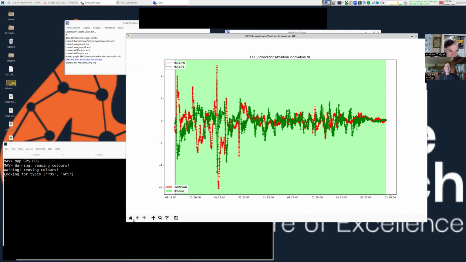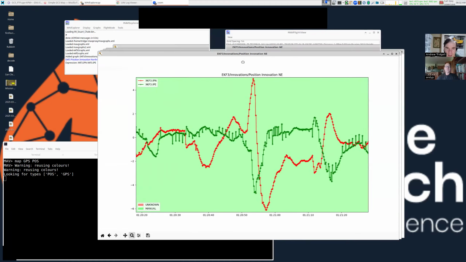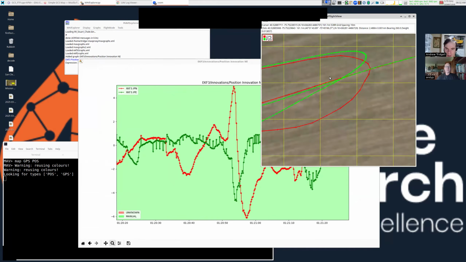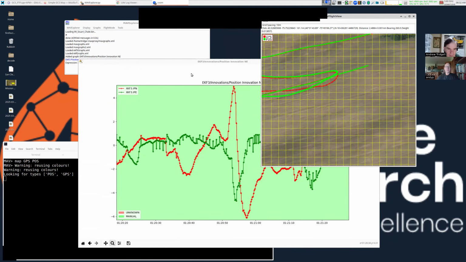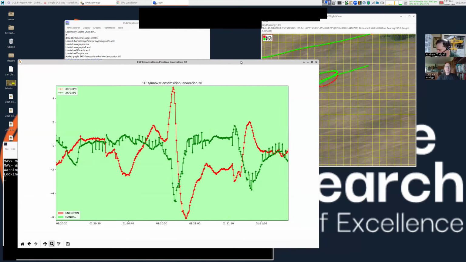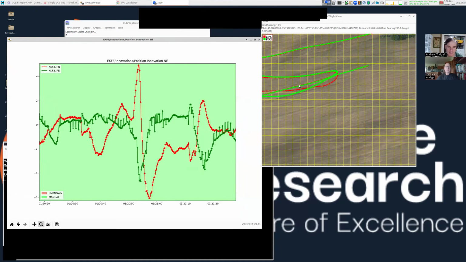Anyway, what we can see here is that there's quite a few locations where there are quite significant discrepancies between the estimated easterly position and northern position and the observations. So if we zoom in here, one of the tricks that MAVExplorer has is it synchronizes the graph and the map.